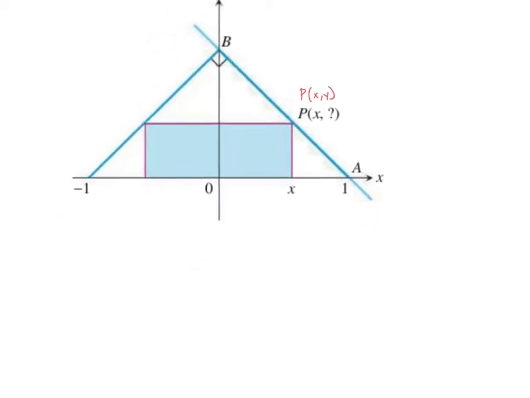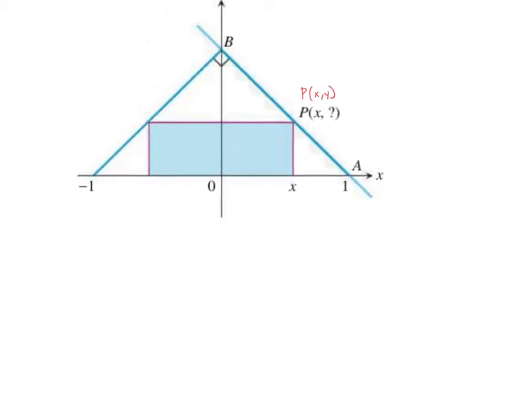Okay, so if we're going to look at the area of this, we can say it's length times width. And if we call this the length, then if this is x, the whole thing is 2x, since there's some symmetry.